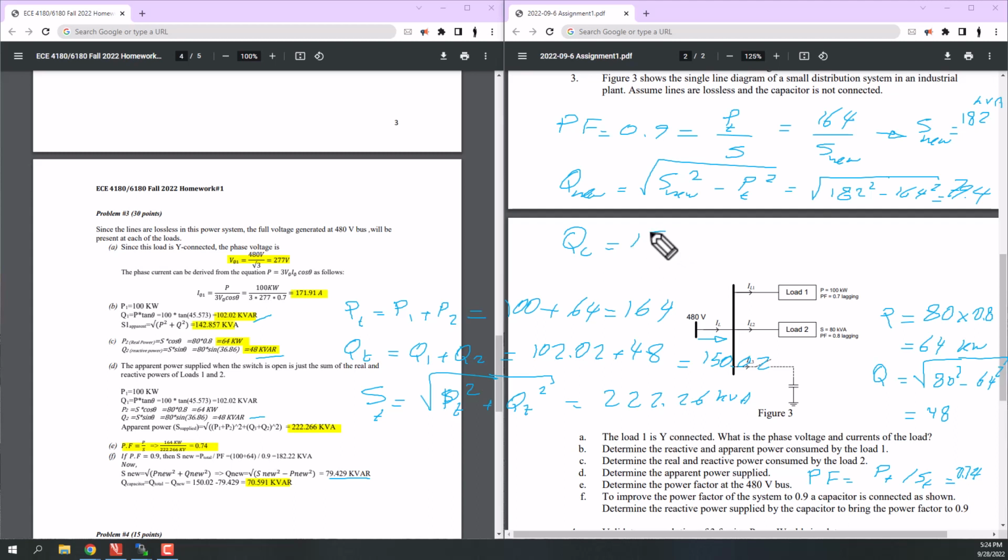In this case we can just write 150.02 minus this new value 79.4, which gives us 70.59. And if we wanted to calculate C, we could use the approach that we used for the last part of question 2.